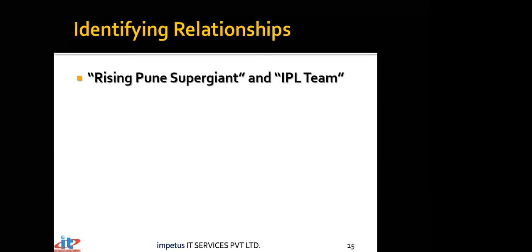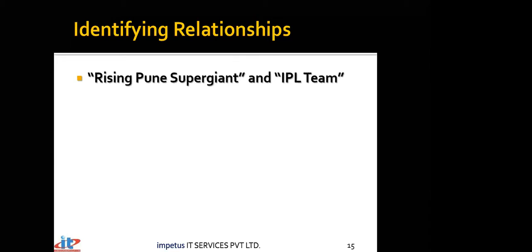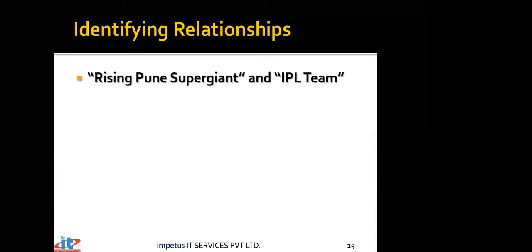So this is the category. Which class-object type is it? Composition. How? Rising Pune Supergiant will not exist without IPL team. Means if IPL team is destroyed.